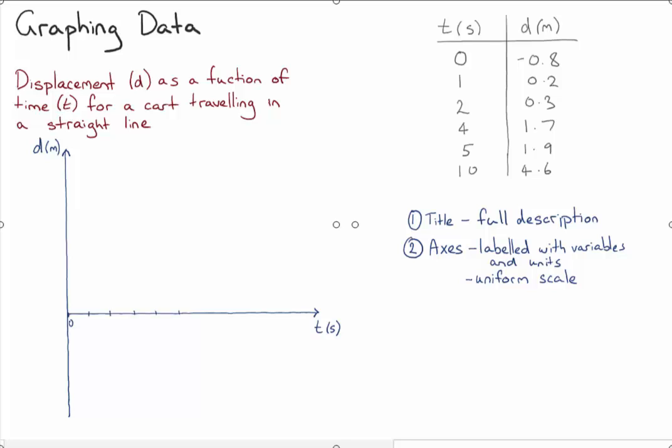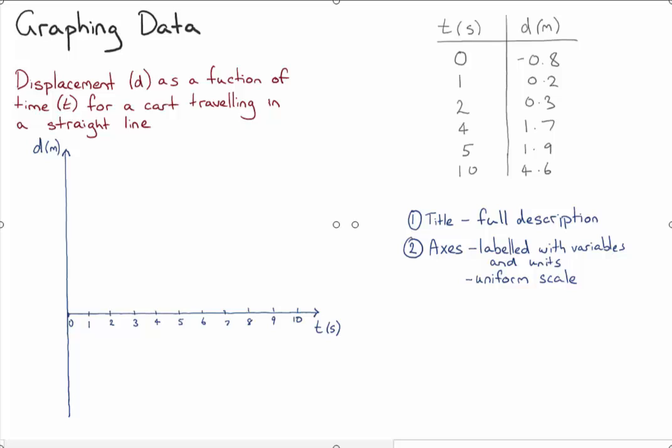So we're going to draw a uniform axis where each of the time marks are an even spacing apart. So there you go. We have 10 divisions on that scale, and each of them represent a duration of 1 second.